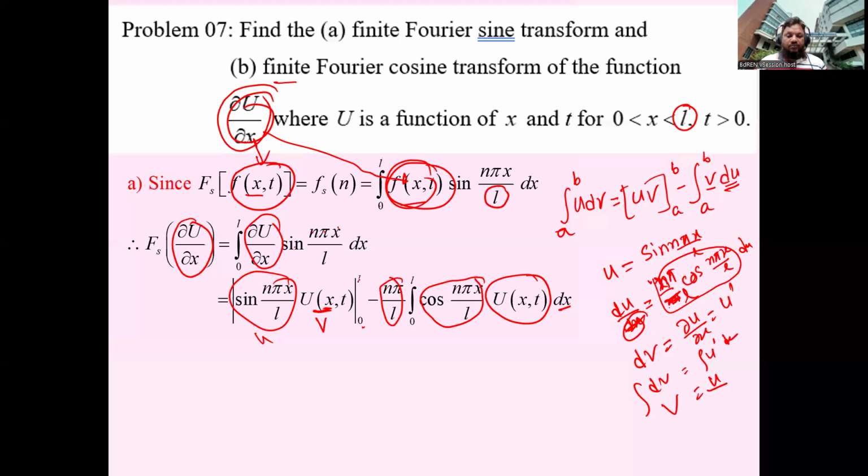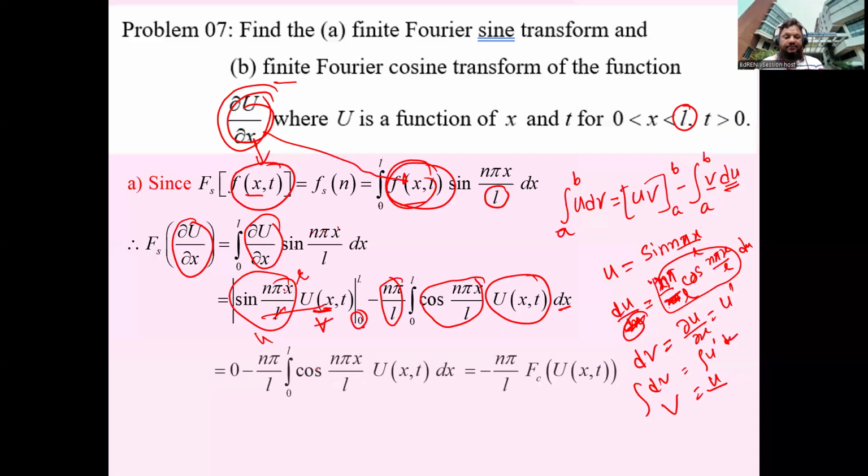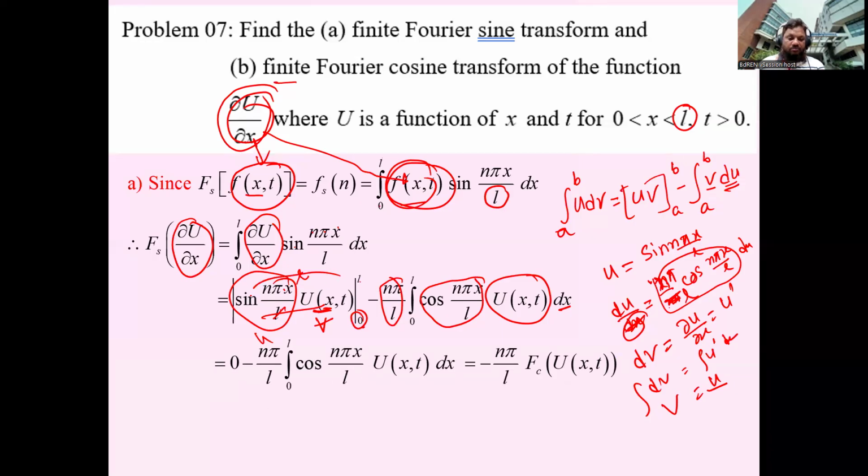Now put the value L in the place of x; L and L will cancel out, so it is sine n pi, and sine n pi is 0. If we put 0, sine 0 is 0 again. So the first term will be 0. Then minus n pi by L, integral from 0 to L of cos n pi x by L times u of x,t dx.